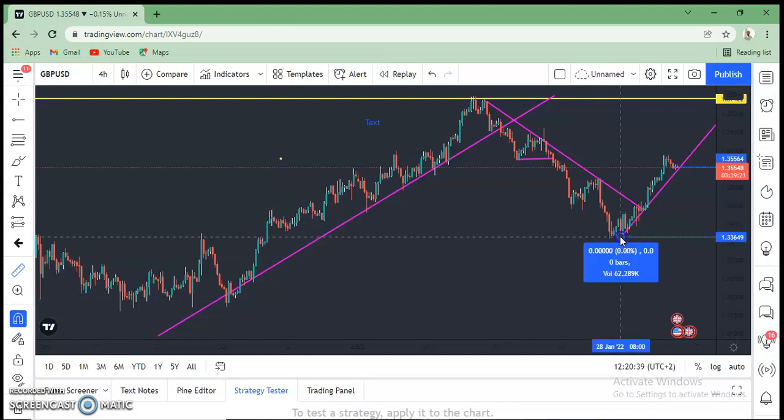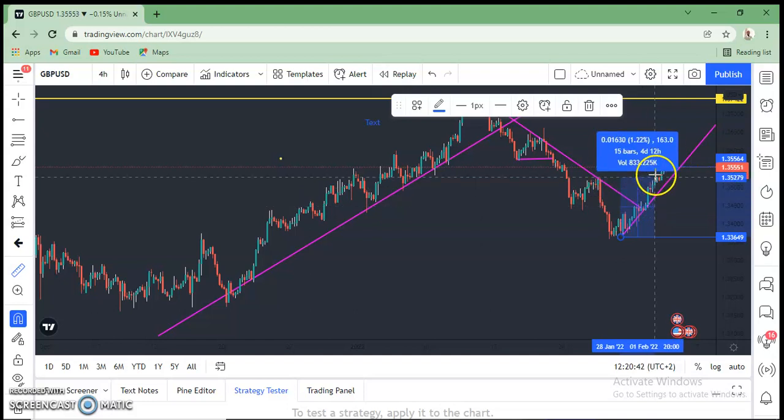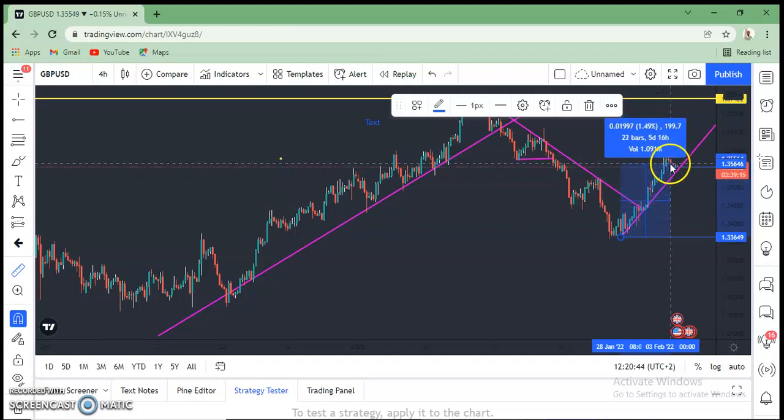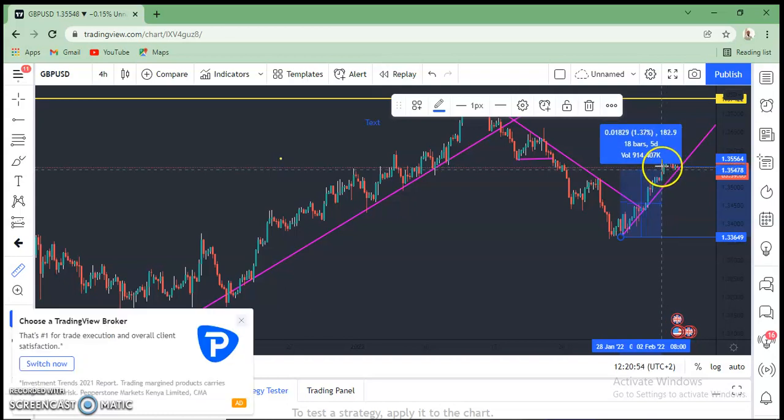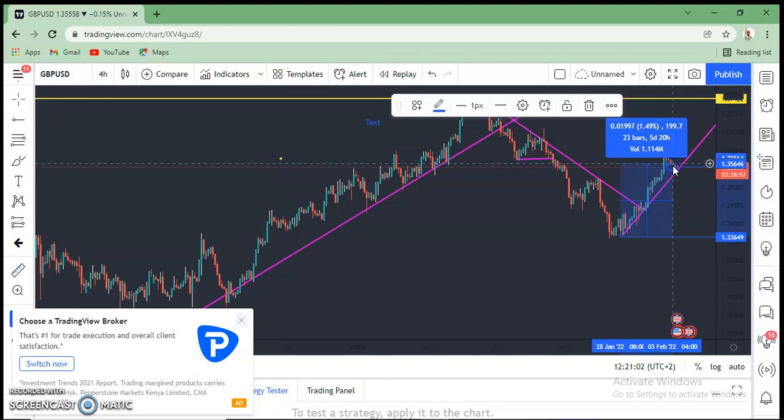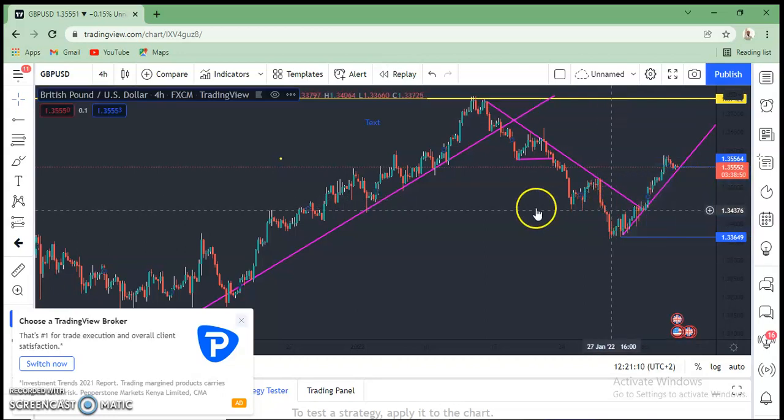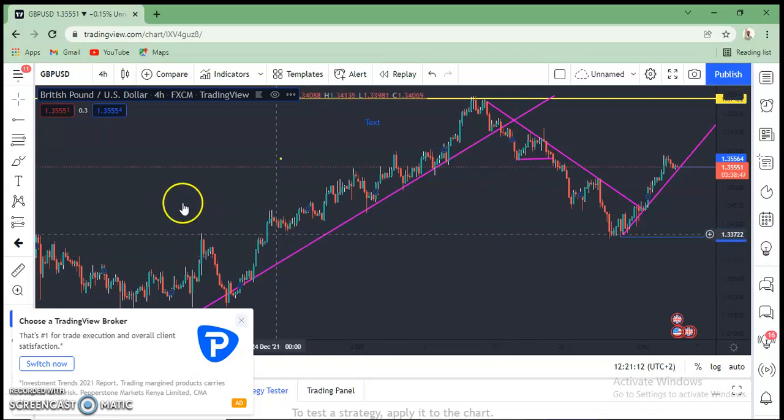So if you place it there and to that point there, it will tell you it's around 199 pips.